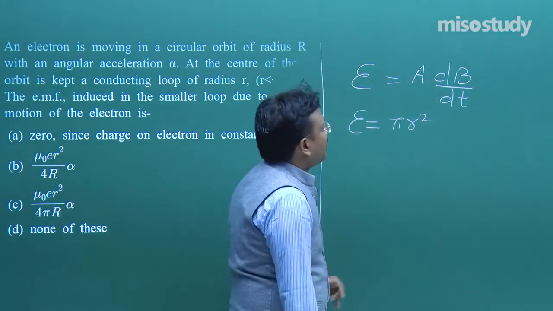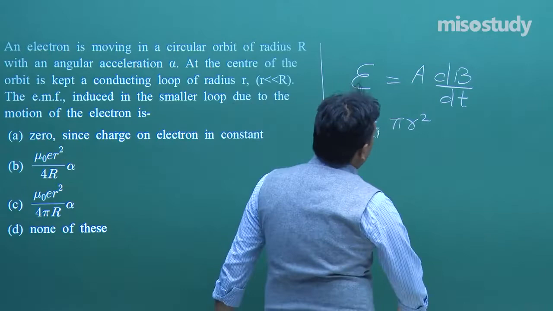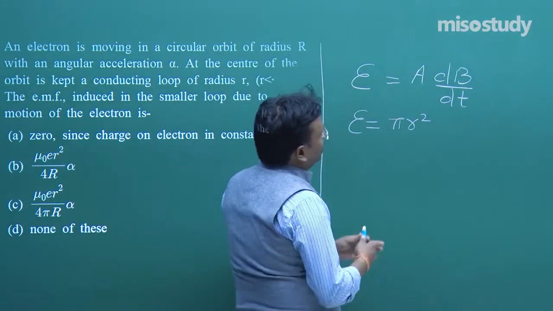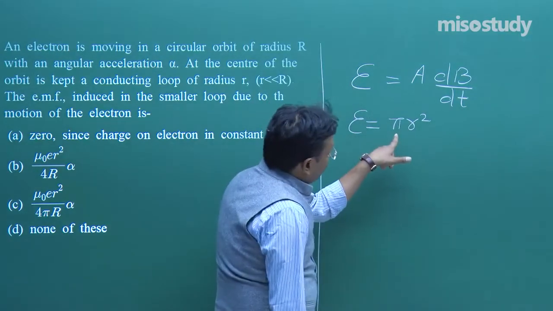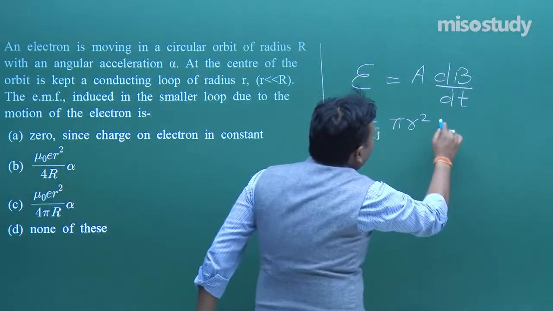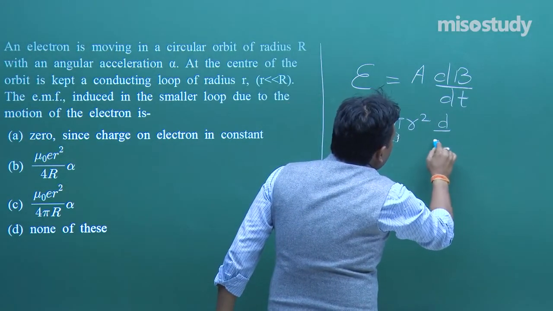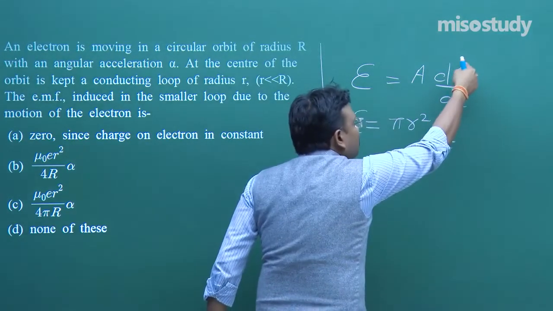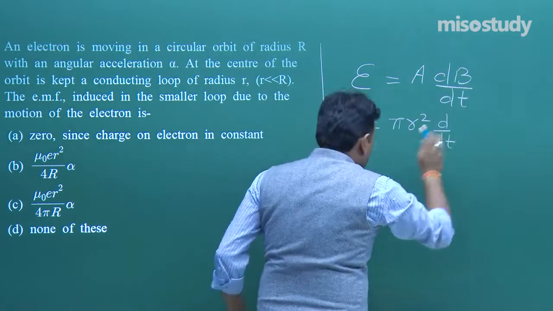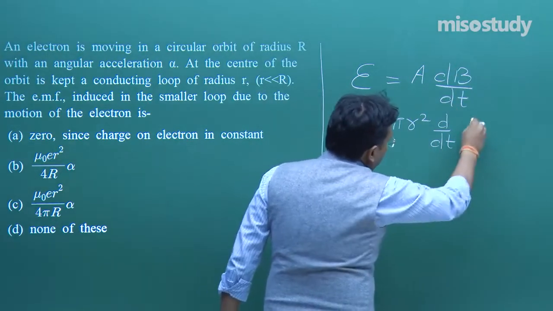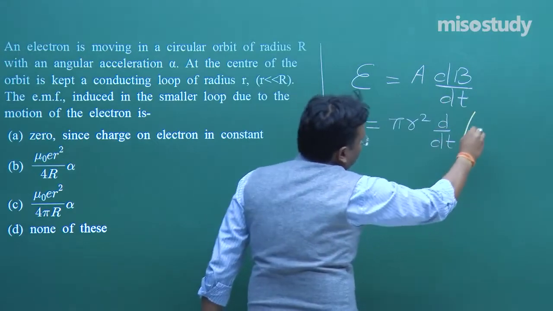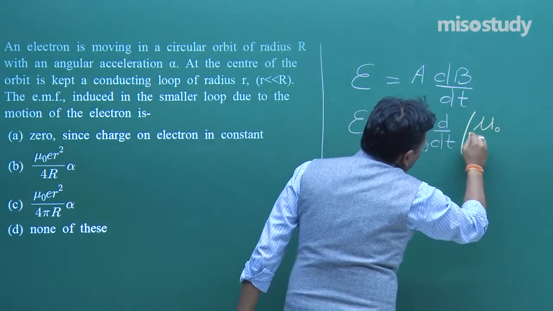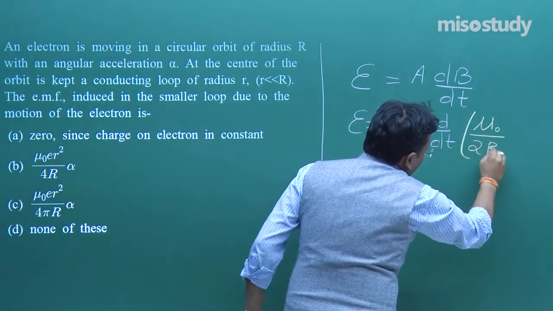That's why I normally request all of you to be regular with the concepts. So pi r square, then d by dt, because this B value is changing. So I will use a bracket, that is mu naught upon 2r.